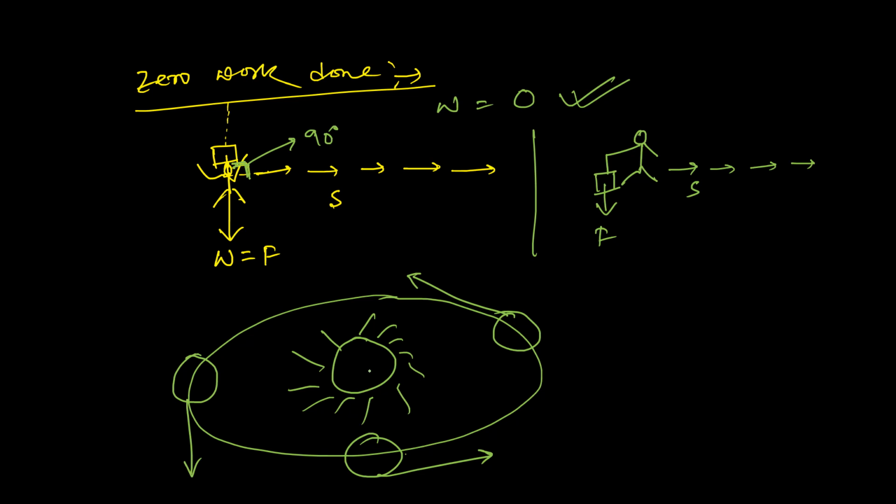But if you draw an imaginary line between the centers of the sun and earth, then you can see that the direction of the motion of the earth with respect to the sun is at an angle of 90 degrees, right? Here the displacement of our earth is along this direction, right?